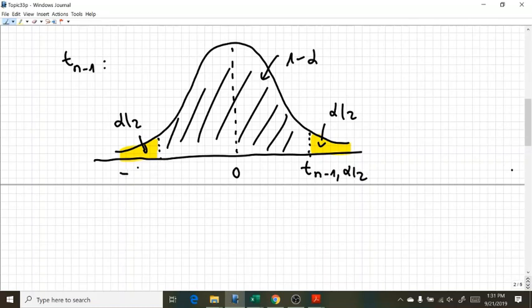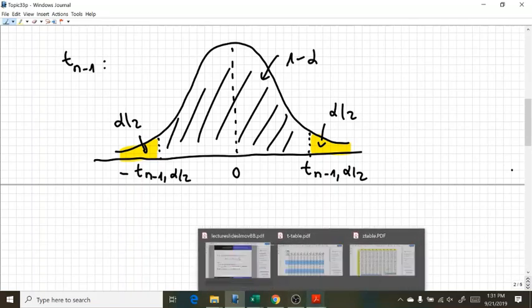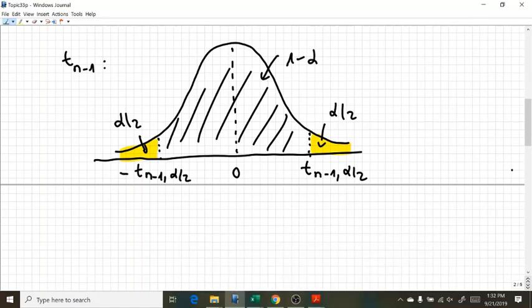And here it's the negative, because it's a symmetric distribution, the negative of this, right? So we have the quantiles of a Student t distribution. How to find them? Using a table and using Excel.